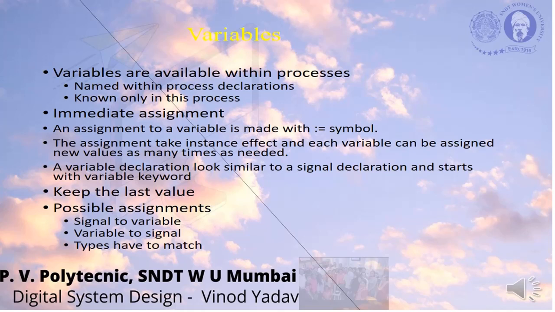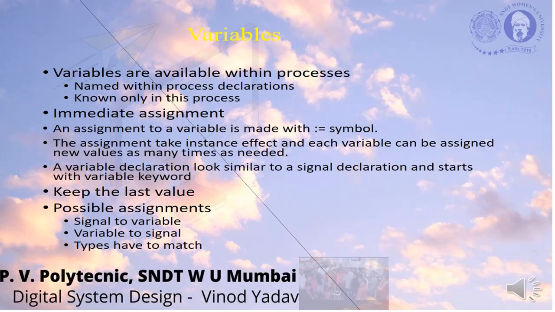A variable declaration looks similar to a signal declaration and starts with the variable keyword. It keeps the last value. Possible assignments are signal to variable and variable to signal; the types have to match. So it is an immediate assignment, and whenever you want to change it, you can.